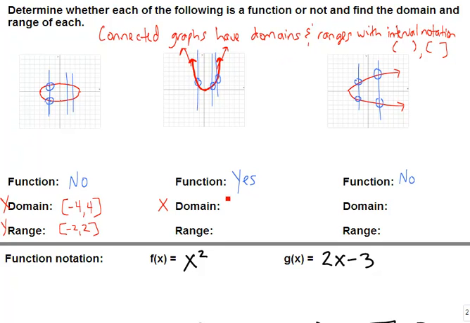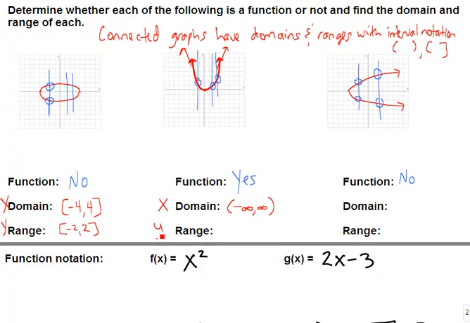So in this example, we would say that our domain is minus infinity up to plus infinity. And the convention is that whenever you use negative infinity or positive infinity, you always use open parentheses around them. Because these aren't really numbers, we don't contain infinity, we don't hit infinity, we just approach it.